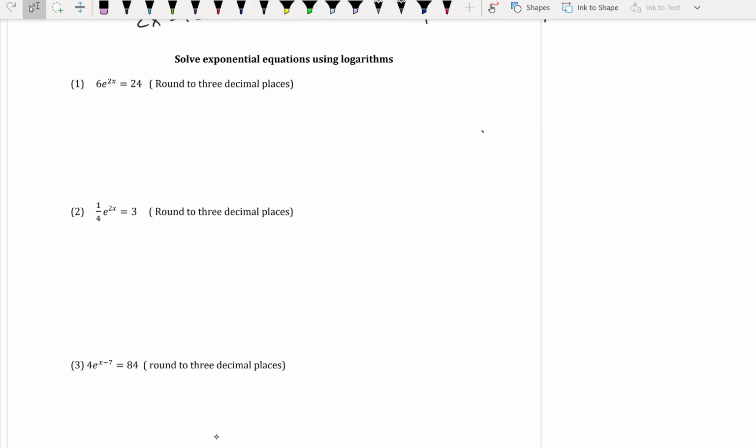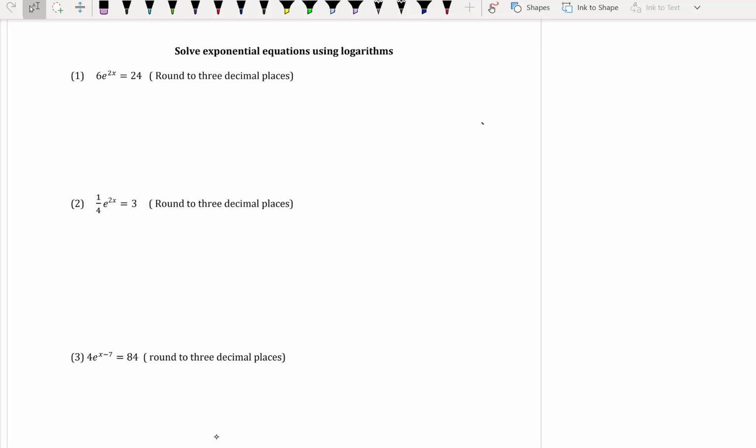Now, we want to solve our exponential equations using logarithms. So here, I want to isolate the e, so I'm going to divide by 6 on both sides. So that e to the 2x is equal to 24 divided by 6, which is equal to 4.